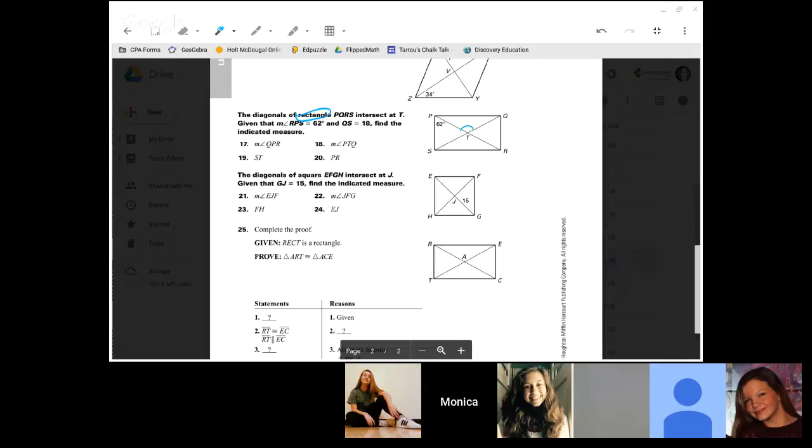But in a rectangle, they're not perpendicular. Okay, so that's not going to be 90 degrees there. But we can still figure out what that angle is. So what we need to do, we know that it's a rectangle, so we know that this is a right angle, correct? So can we figure out what that small angle is up there?